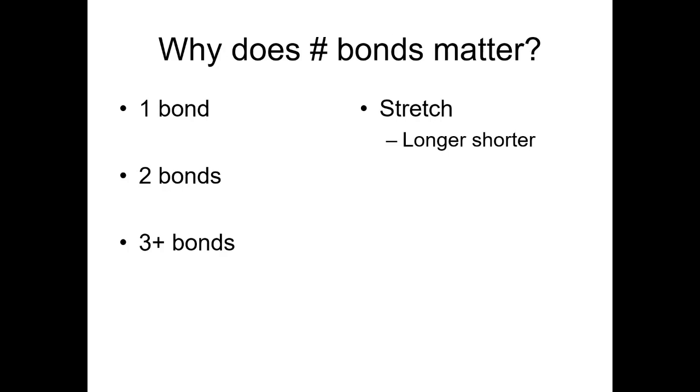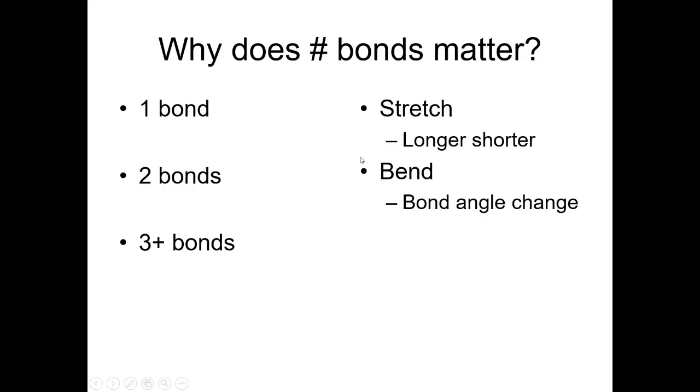So let's say I have just one bond. Then I'm going to have a stretch. Basically, all the molecule can do is get longer and shorter. If I have two bonds, like in the water molecule or in the carbon dioxide, I can have the bonds get longer and shorter, but I can also have a bend, which means I can have the angle between the bonds change.